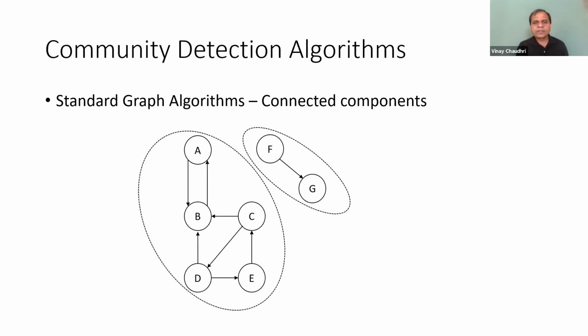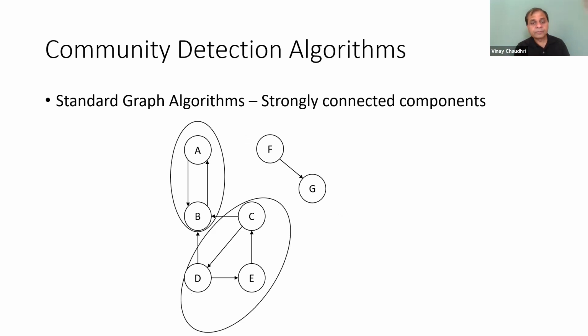A connected component for a directed graph is essentially a set of nodes such that in the underlying undirected graph, you can go from every node to every other node. It's one very simple basic measure of identifying communities in a complicated graph.